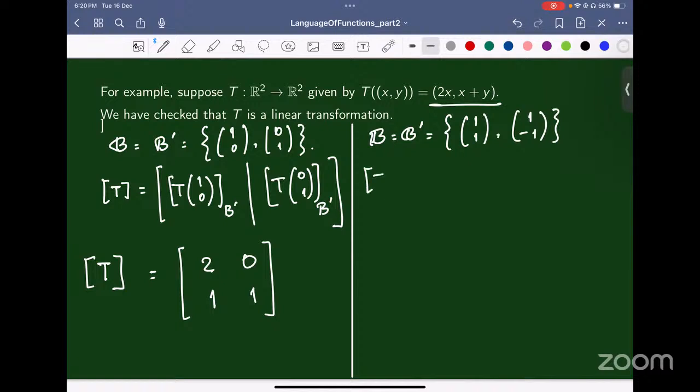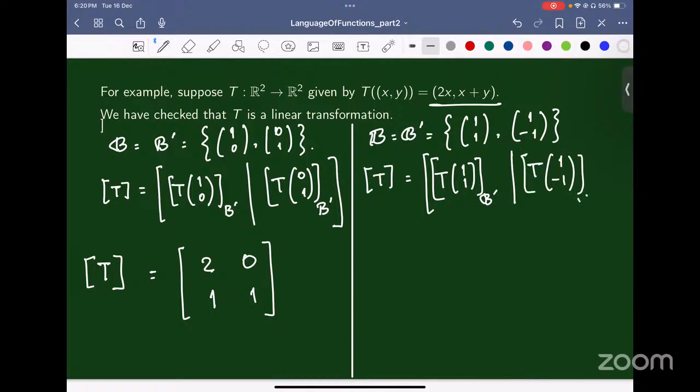Then my matrix with respect to this basis would be T of (1,1) expressed in this basis as the first column, and T of (1,-1) expressed in this basis as the second column.